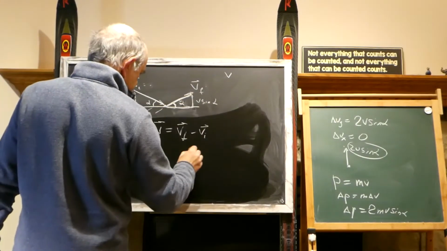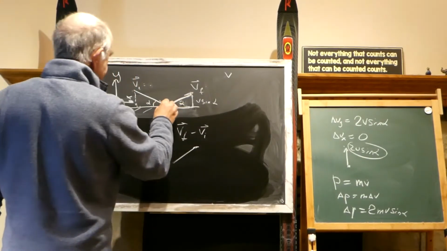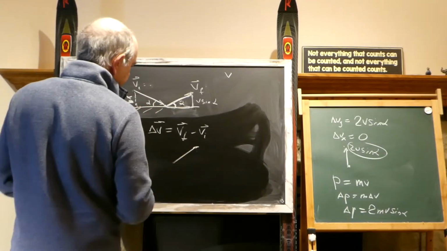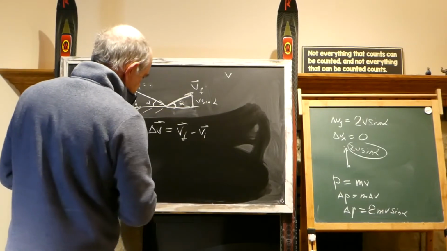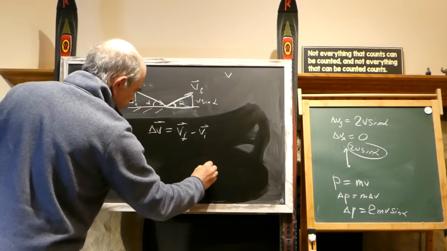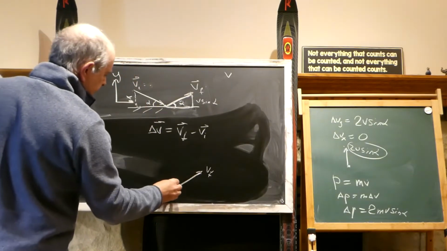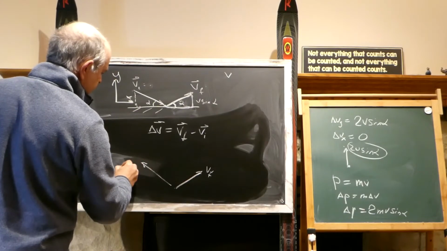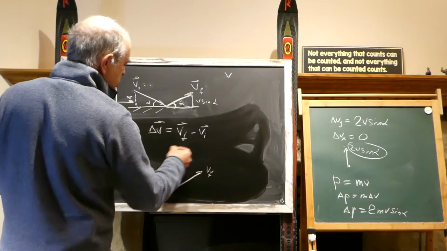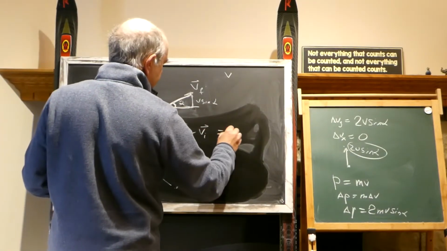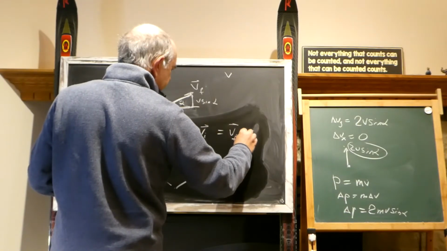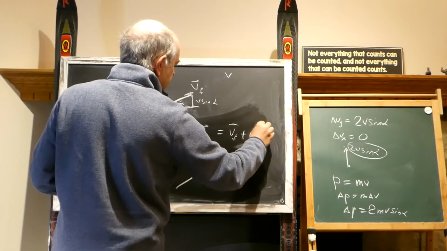I have the first vector as this, v final. This vector I have to reverse because it's minus v initial, and then add those two vectors, because this is exactly like writing v final plus minus v initial.